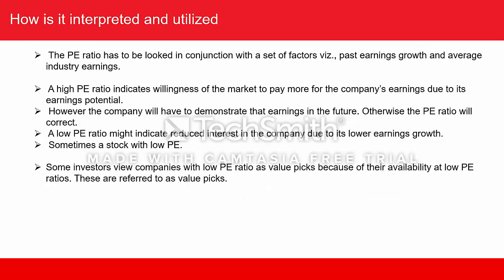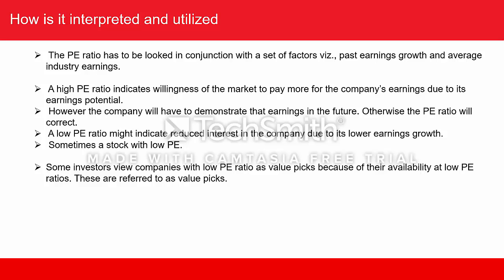And how is this ratio interpreted and utilized? The PE ratio as a number alone won't help you understand much. Say I tell you that the price to earnings of Apple is 5. It might tell you that the market is valuing Apple Corporation at 5 times its earnings, but it has to be looked at in terms of certain other parameters, like the earnings growth of Apple Corporation.